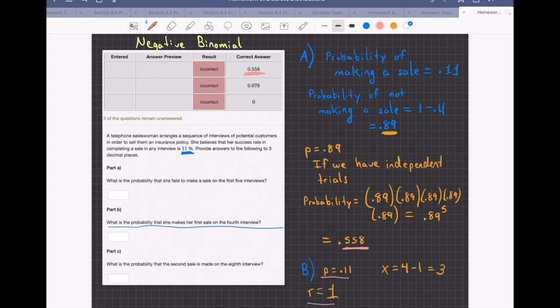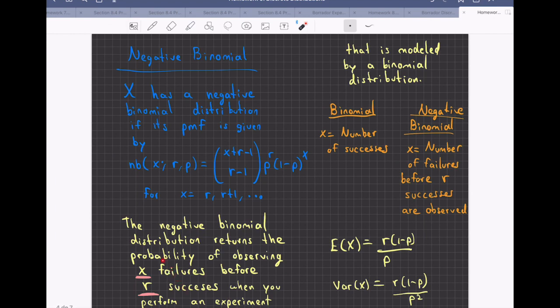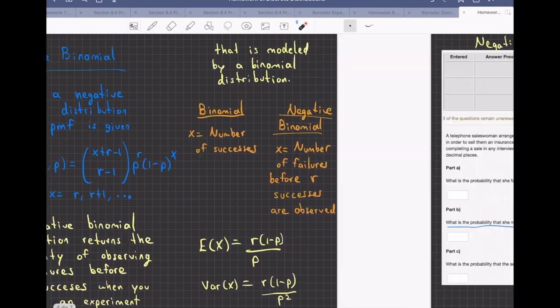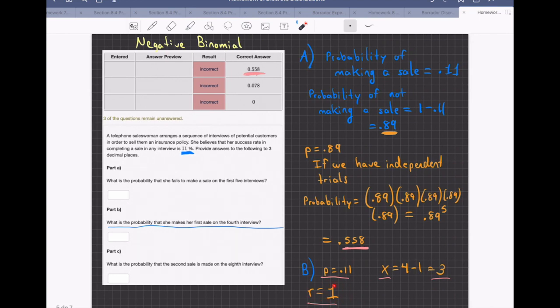Why 3 again? Because we want the first sale on the 4th interview. How many failures do we need before that happens? 4 minus 1, 3 failures. And X is the number of failures before our successes. How many successes? The first one. So the parameters are 0.11, 3, and 1.